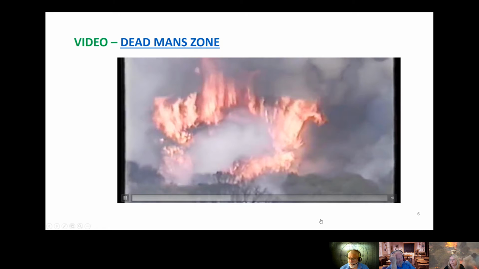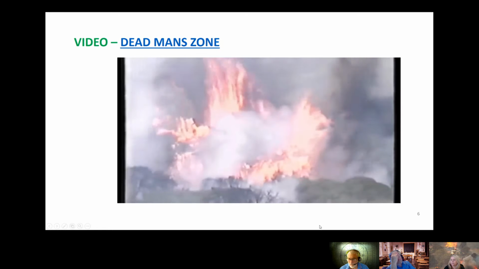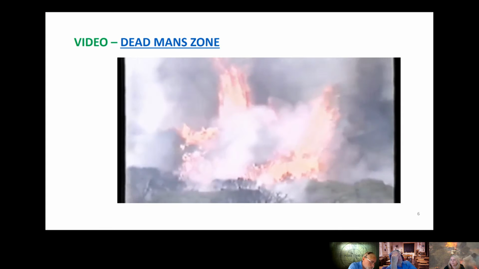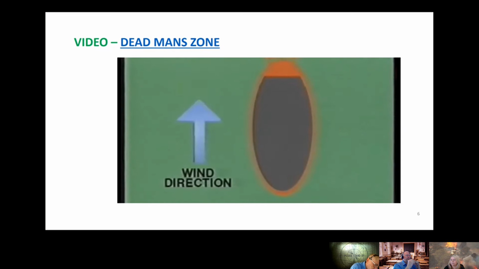When this wind change occurs, you have to drop what you're doing and go immediately to a safe area. It's been a long-standing practice that people attacking a wildfire in the forest go to an anchor point, which is a safe point at the rear of the fire, and then work systematically up along the flanks of the fire.